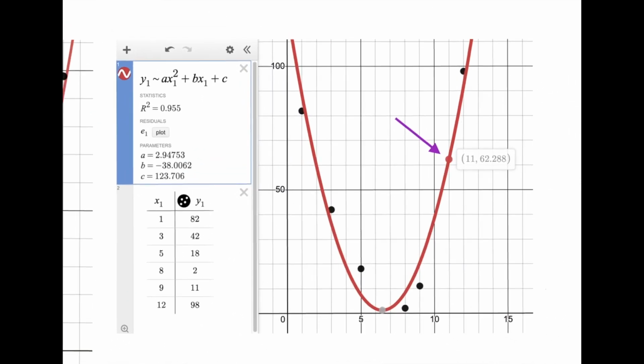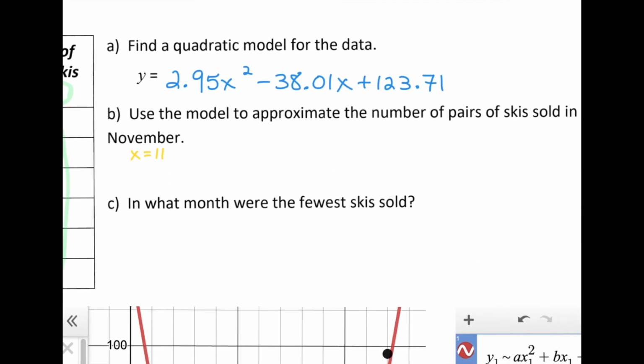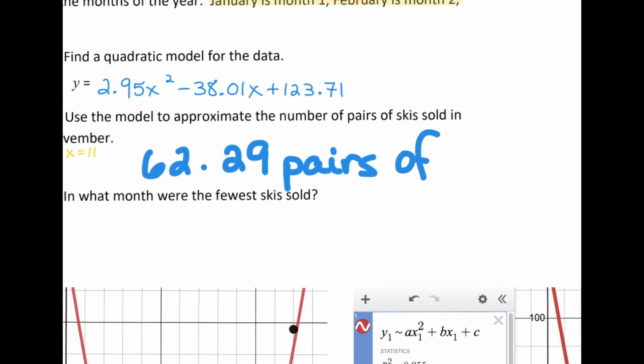If I drag my cursor until I get to about X is 11, I see that the number of skis sold should have been approximately 62.29 pairs of skis, right? Not skis, but 62.29 pairs of skis.